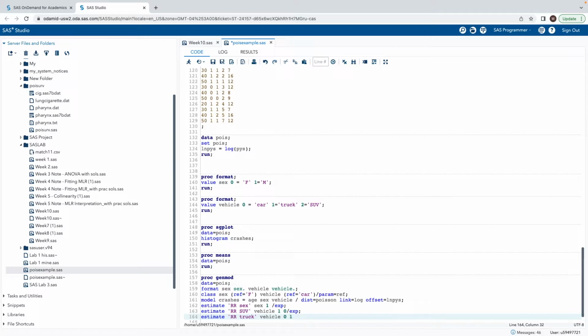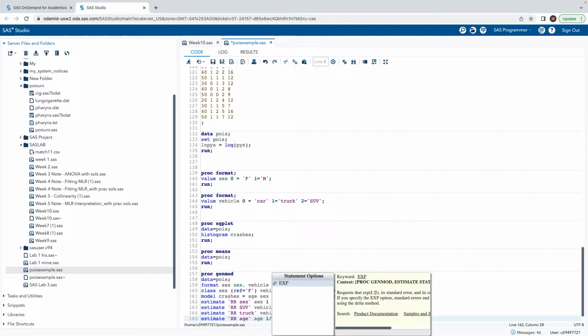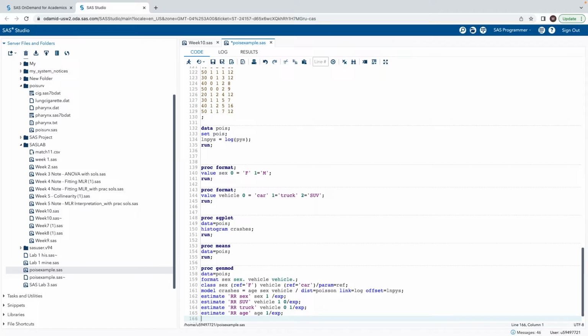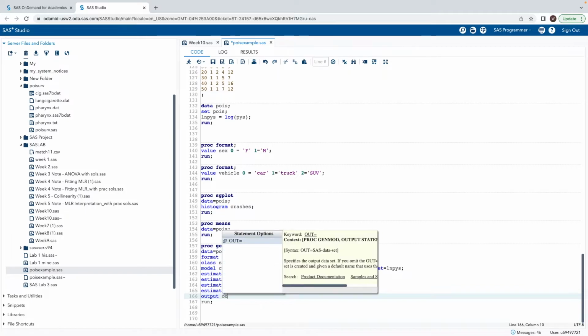0 1 exp. And even though age is continuous, if you're going to do this, you still put 1 and then exponentiate. I'm also going to put output because in a second I'm going to show you some really quick diagnostics.